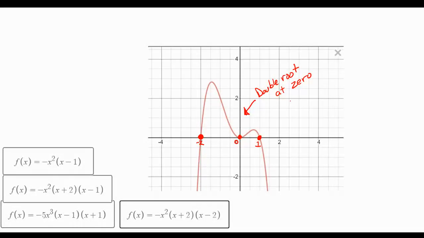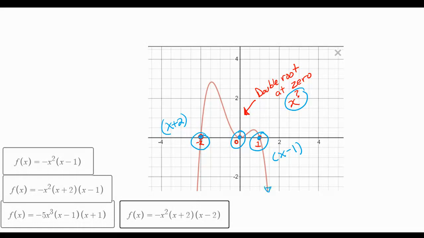So that means it's going to have x with an exponent. When I look for the equation, remember you're looking for opposites. So for this one, I need x plus 2 because you need opposites. For this one, I need x with an exponent. And for this one, I need x minus 1 because it's a positive 1 on the graph, but we need the opposites, right?